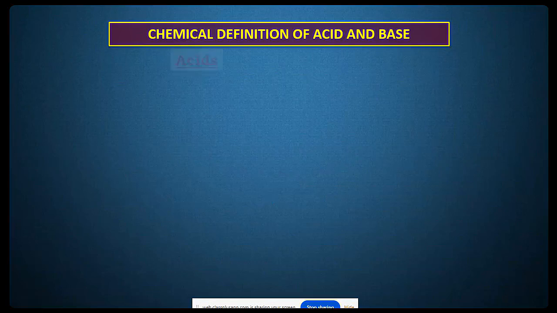Chemical definition of acids and bases. HCl.